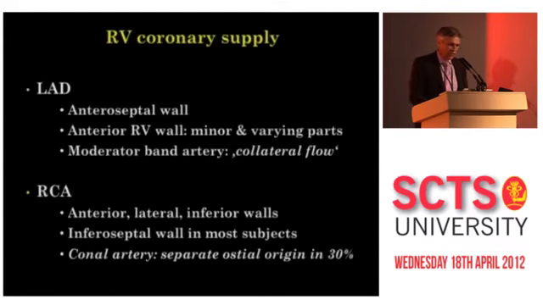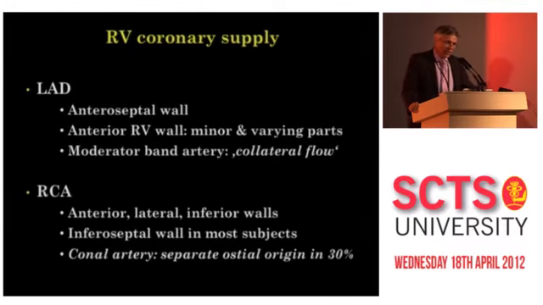It's a little true, but the left anterior descending coronary artery is providing coronary supply to the anteroseptal wall and to varying minor parts of the anterior right ventricular wall, and also gives blood supply to the moderator band artery. This may result in collateral flow to the right ventricle in case of right coronary artery occlusion.